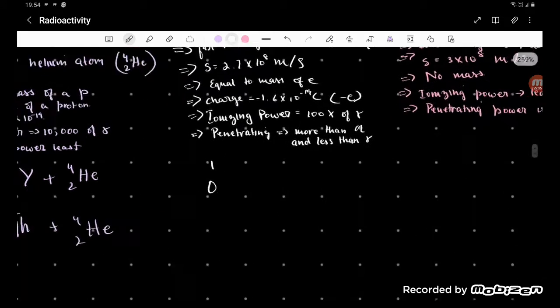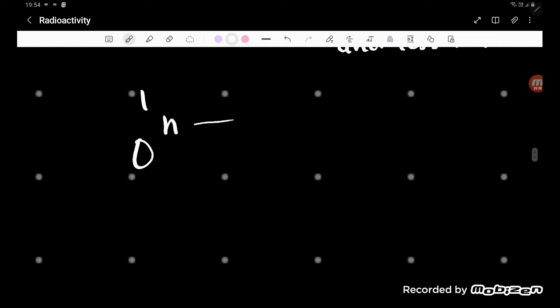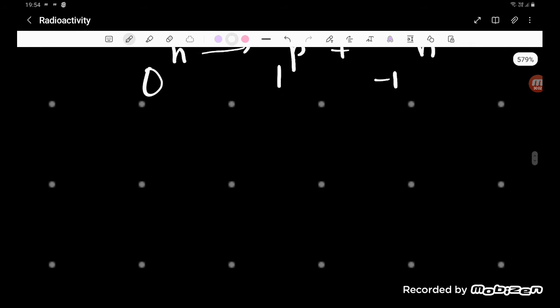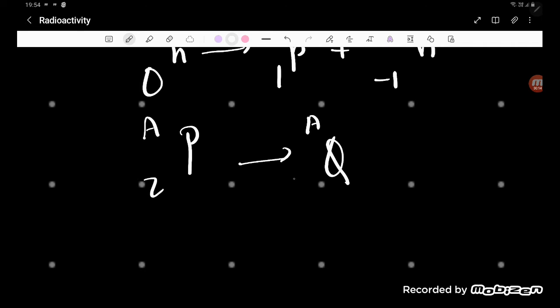The neutron splitting is the following: 0 1 n, a neutron, gives 1 1 p, a proton, plus 0 minus 1 e. So the parent nucleus has mass number A and atomic number Z, and you get A, Z plus 1, plus 0 minus 1 e.